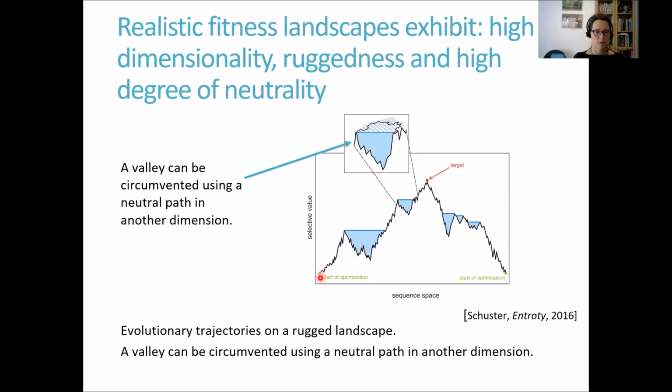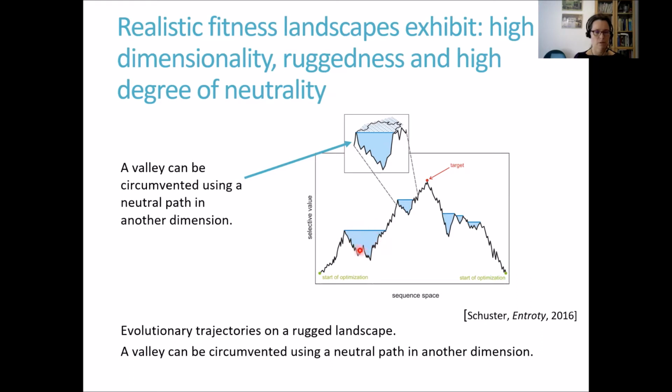So the population climbs up this mountain, namely its fitness increases, but these complex fitness landscapes can be rugged. As you can see here, it's not smooth, there are bumps here, and sometimes the fitness drops in the way.